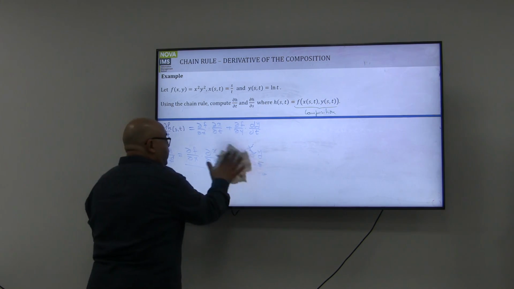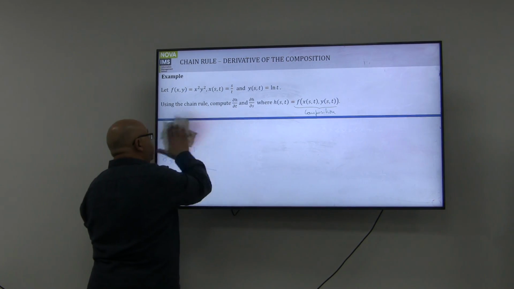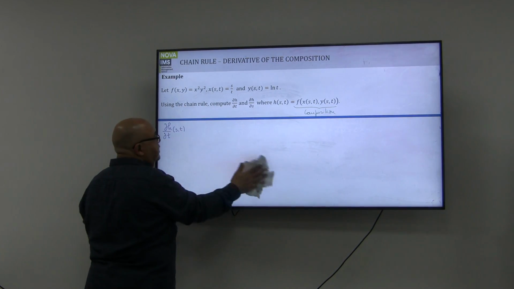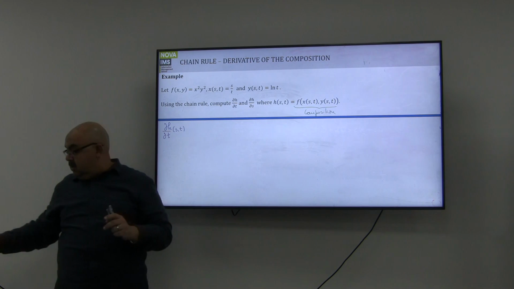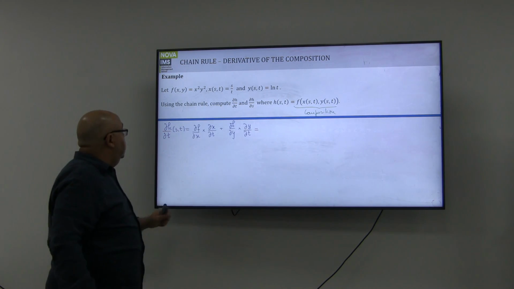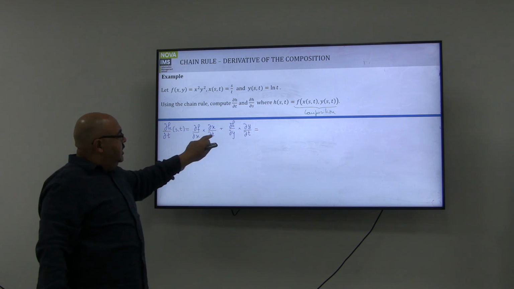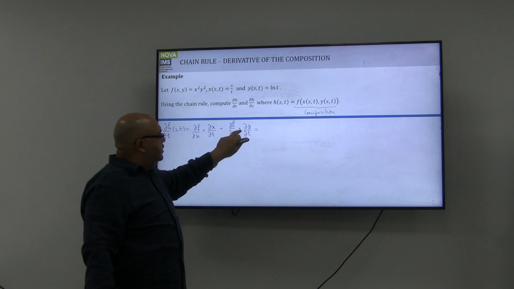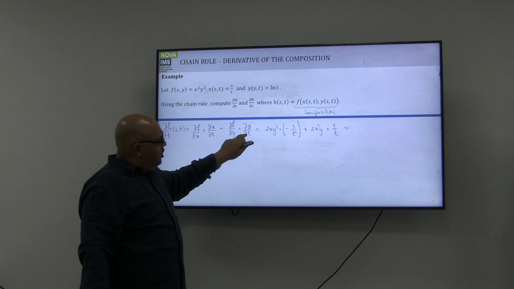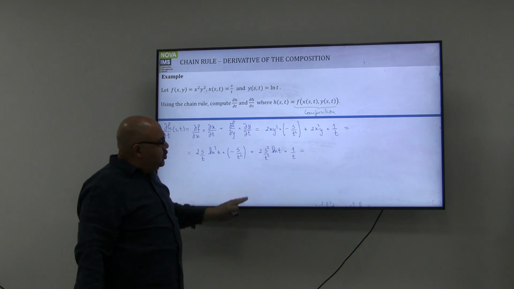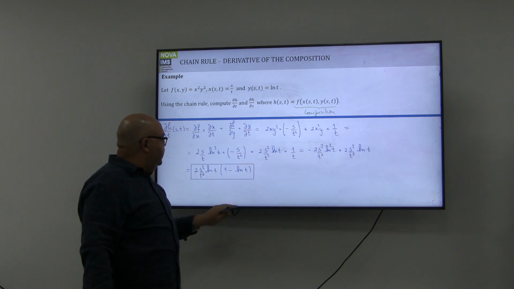So once more, if I want to make substitution, it's going to be really very simple, as you will see. So here we go. This is partial f, partial x times partial x, partial t. Then partial f by partial y times partial y, partial t. Just a general substitution, and you will have your final result.